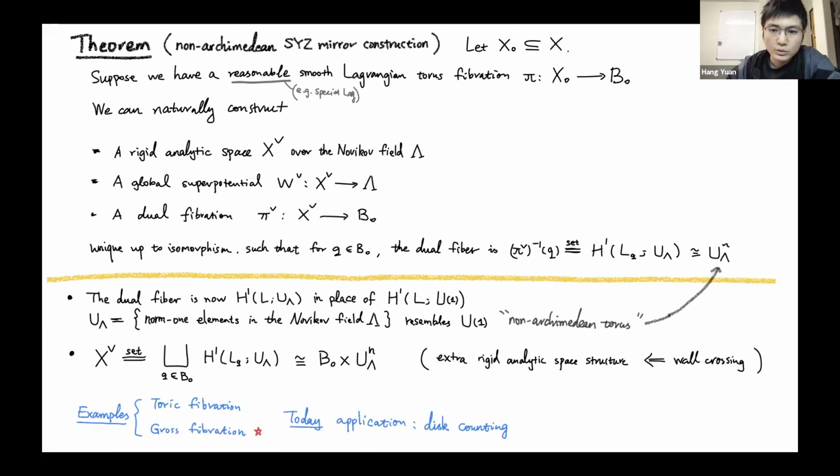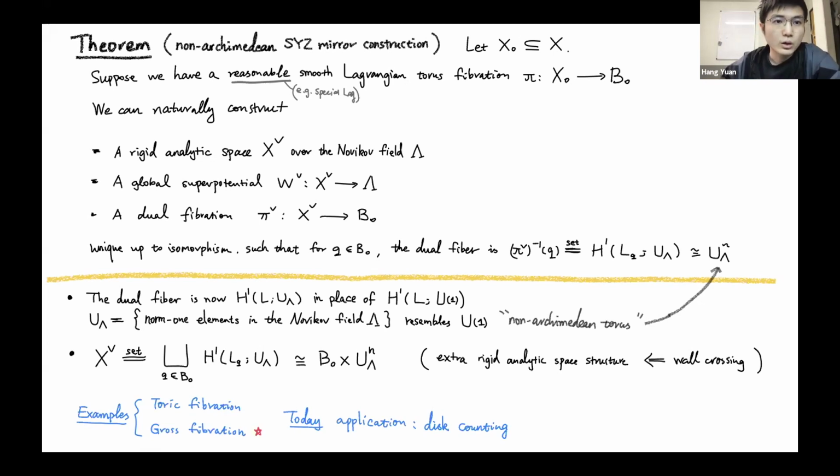Today, I don't want to say too much about the proof of this theorem, and I would like to focus on examples and applications. So far you have two very natural examples, toric fibrations and Gross fibrations. Today I want to focus on Gross fibrations, and I want to give some applications to disk counting.